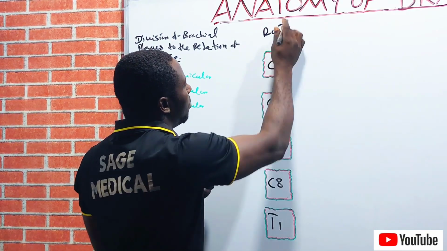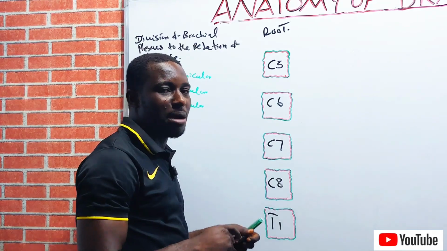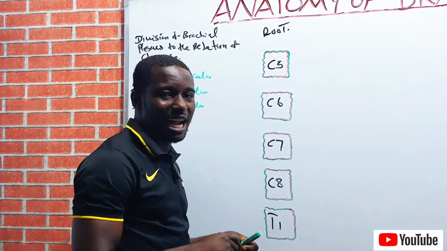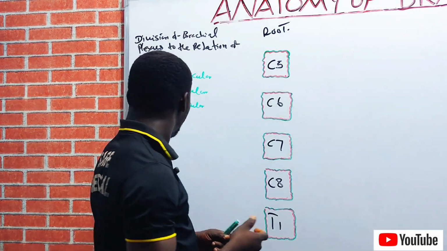The roots of the brachial plexus are formed by the anterior primary rami of the lower four cervical spinal nerves and the first thoracic spinal nerve. Okay.